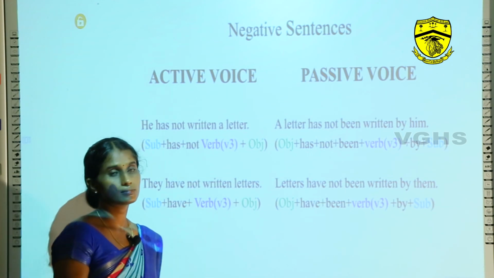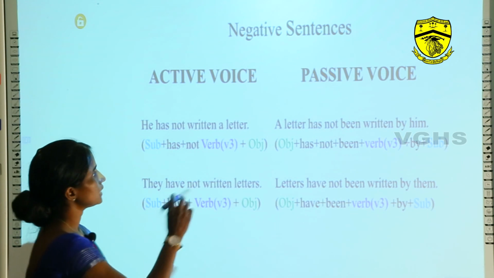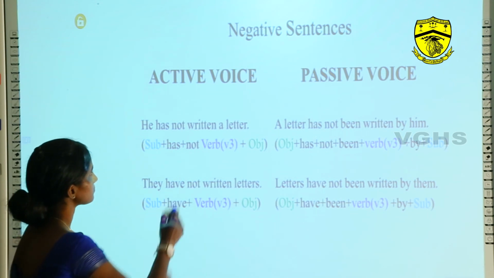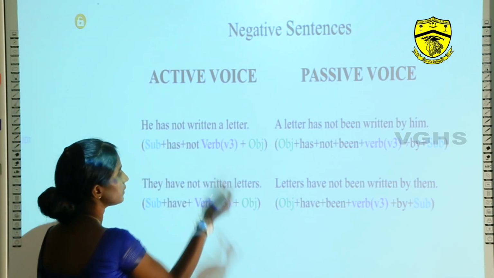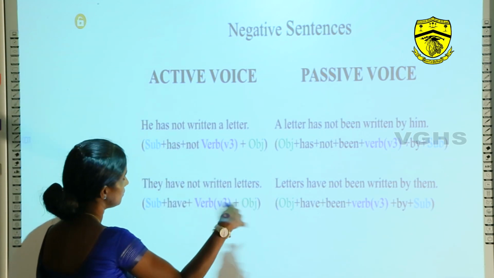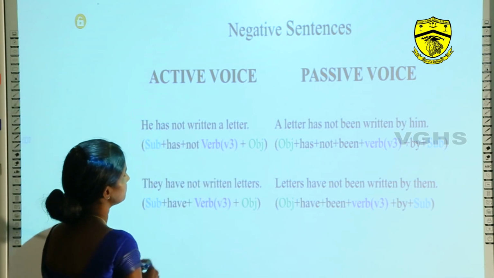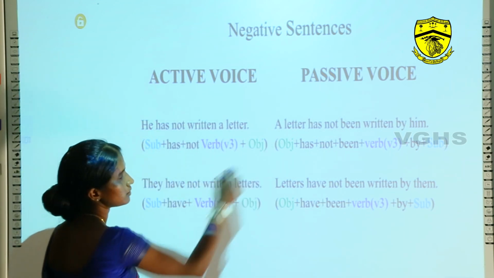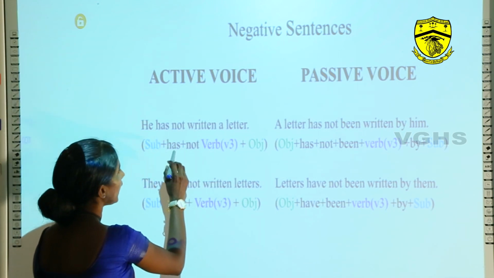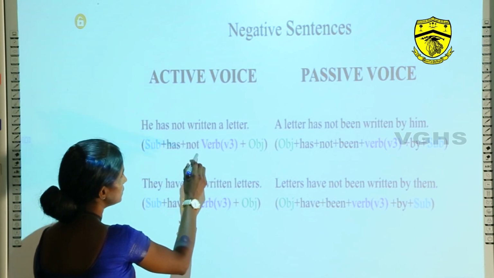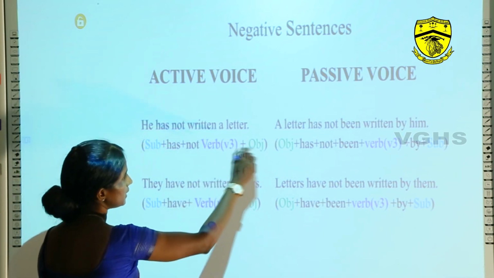Okay, now let's move to the negative sentences. In negative sentences, in active voice, as we have already seen in the previous slides, he has not written a letter. This is the structure of an active sentence: subject plus has plus not, verb 3, the past participle of the verb, plus object.